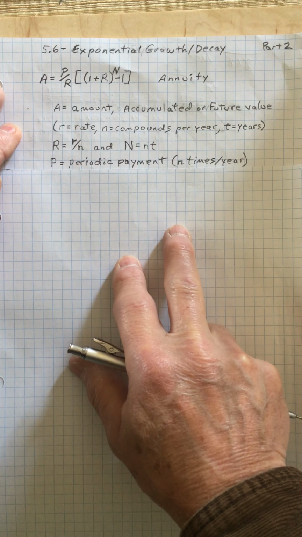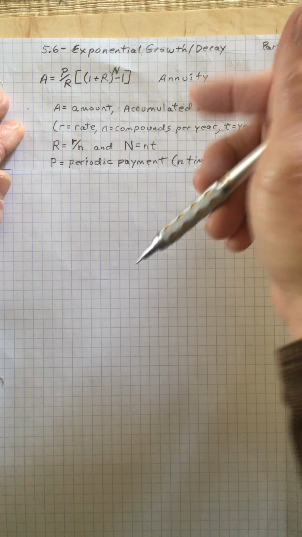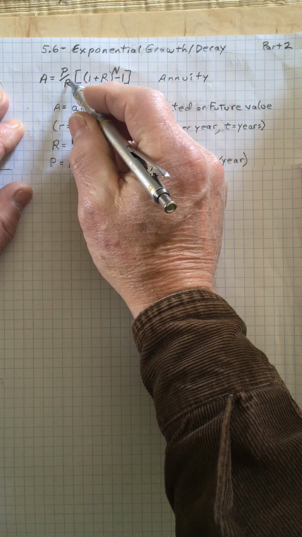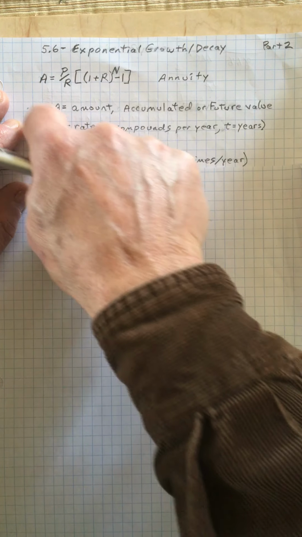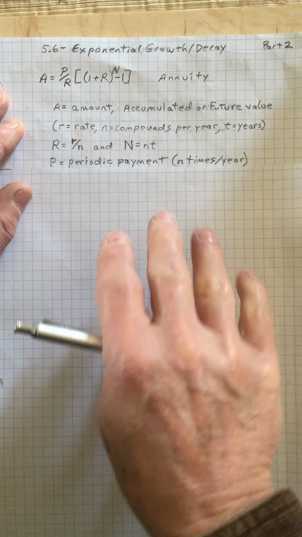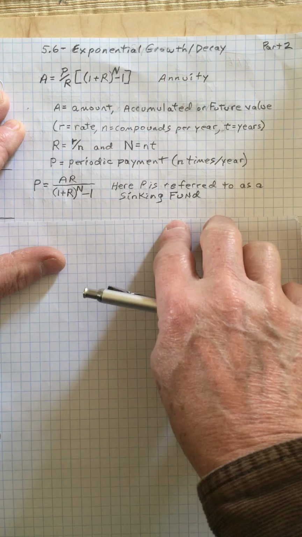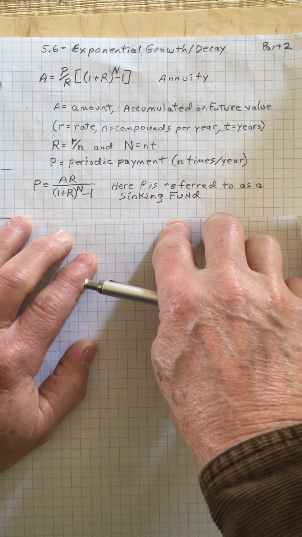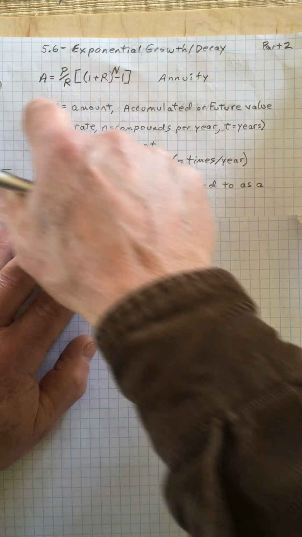Now, one other thing about this, if you solve this for P, in other words, multiply both sides by R, so I'd have AR, and then divide both sides by this quantity here, you're going to wind up with this. And they give it a different name and all that, but look, it's exactly the same thing as this.